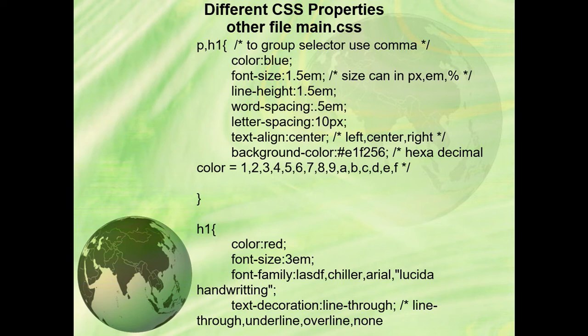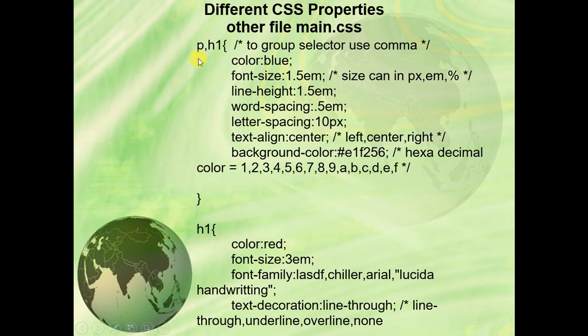Okay, in the other file main1.css, like P is a paragraph, comma. I have already discussed this. Now in the CSS notes you can see P and comma. These are multiple selectors.